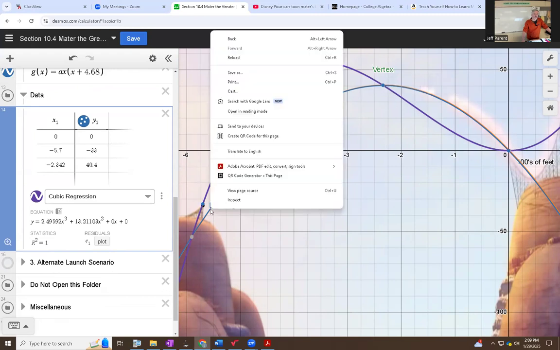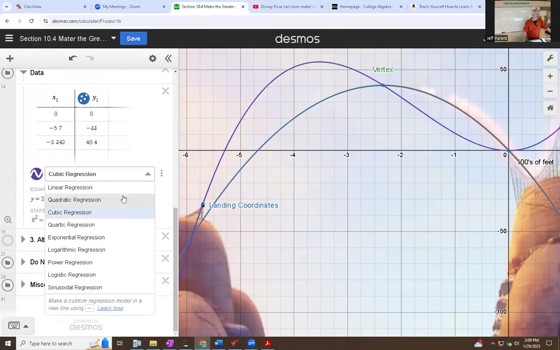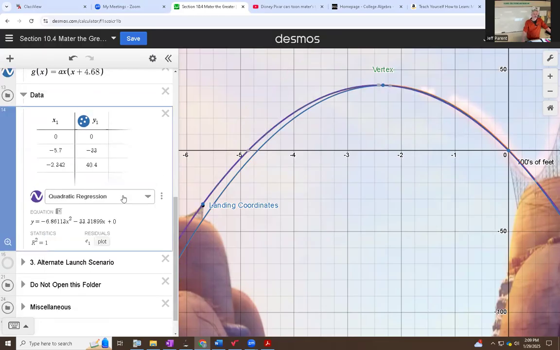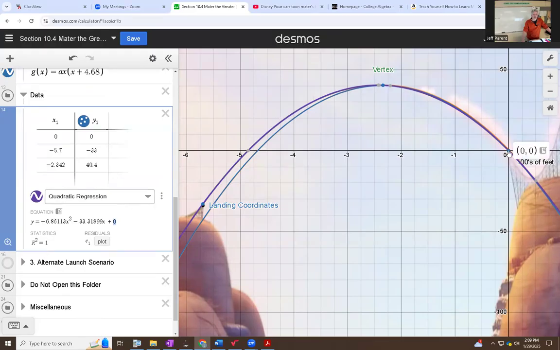Well, it goes through all 3 points, but it doesn't really follow the path very well. And if you look long enough, you say, oh, we got a quadratic regression. And wow, that does pretty good, doesn't it? Pretty nice. And here's your equation right there. In fact, the last term here is a 0, meaning it just goes right through here.